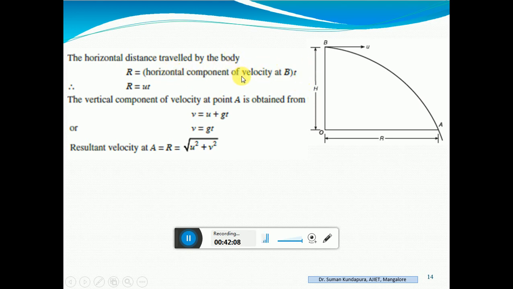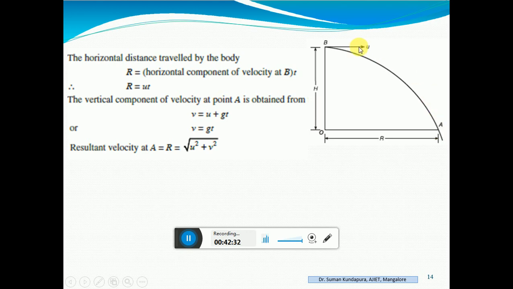What is horizontal component of velocity? Horizontal component of velocity is u. So you will get r is equal to, r is nothing but s, the distance travelled, r is equal to ut, you will get over here. Now we want the vertical component of the velocity at point A. At point A, you want the vertical component of the velocity.